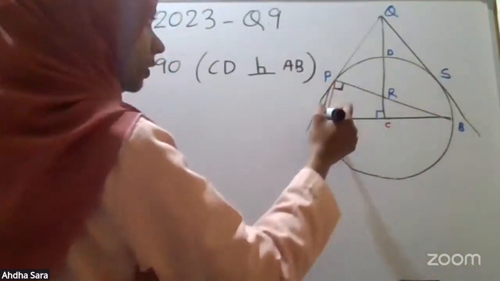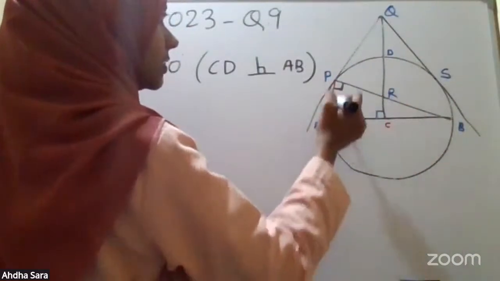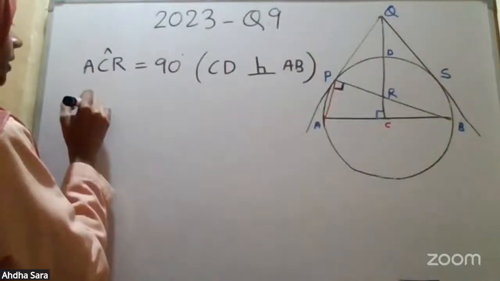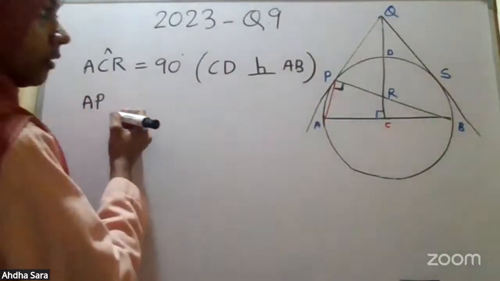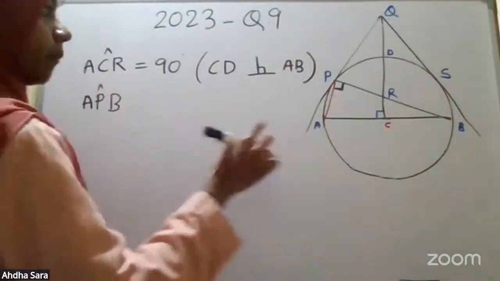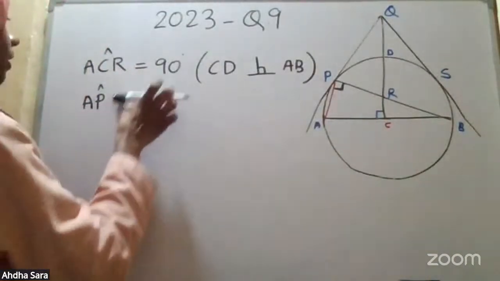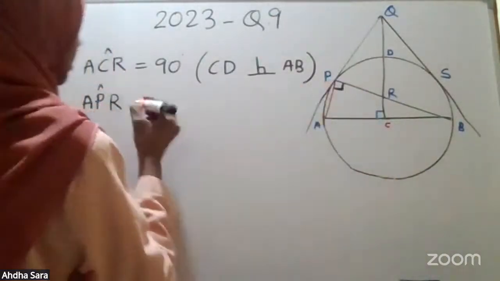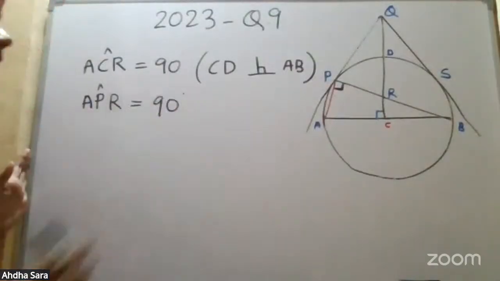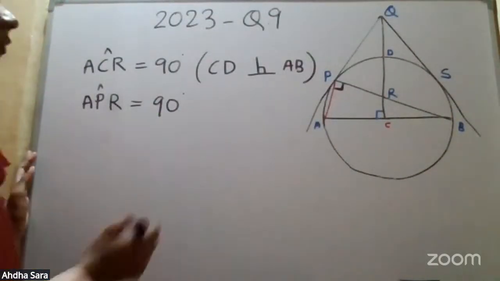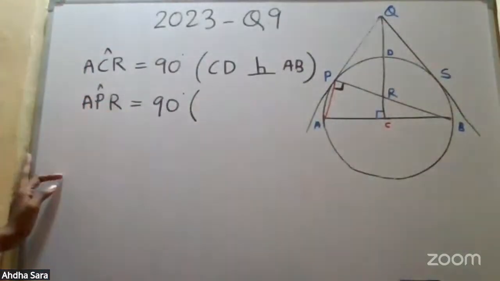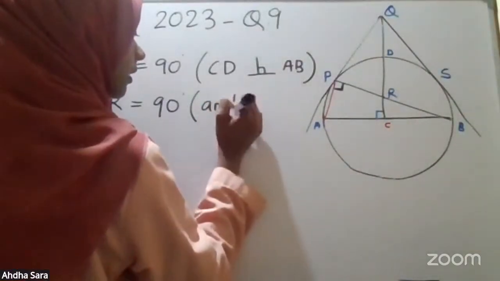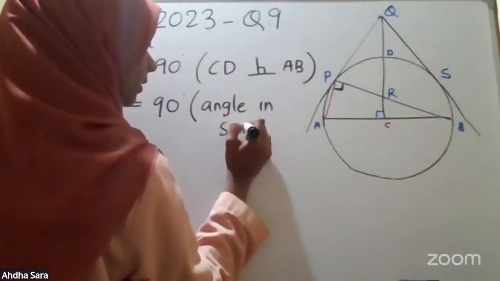This is the semicircle and the angle subtended in the semicircle is 90 degree. So the angle APR is also 90 degree. Reason, angle in semicircle.